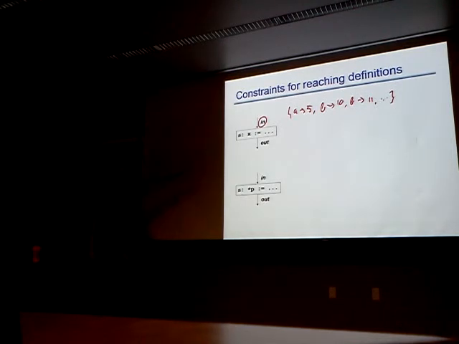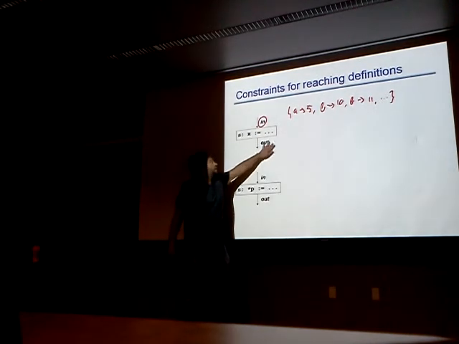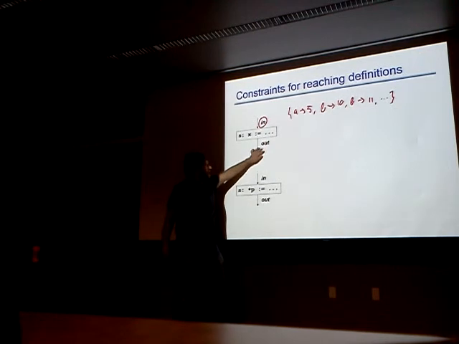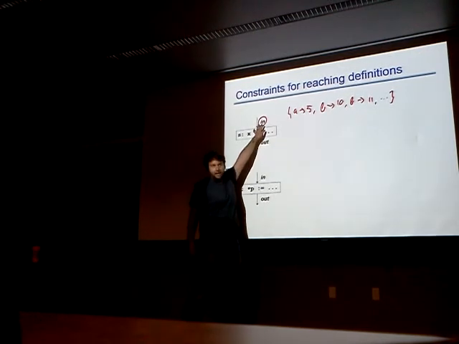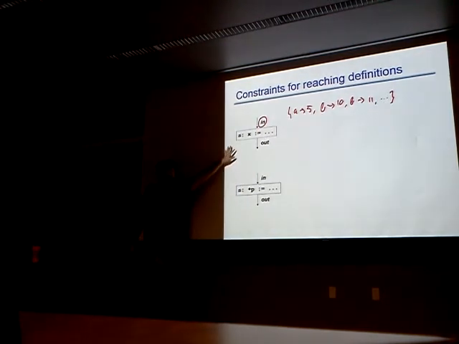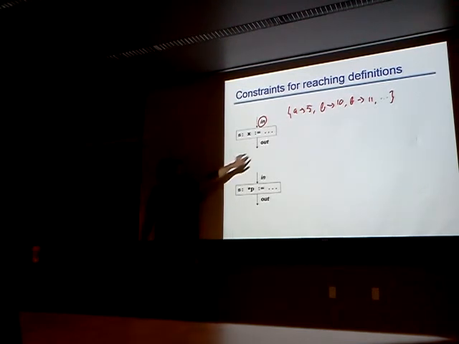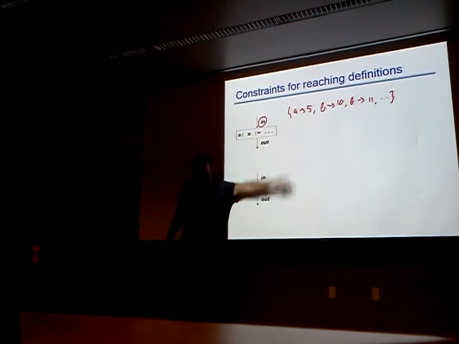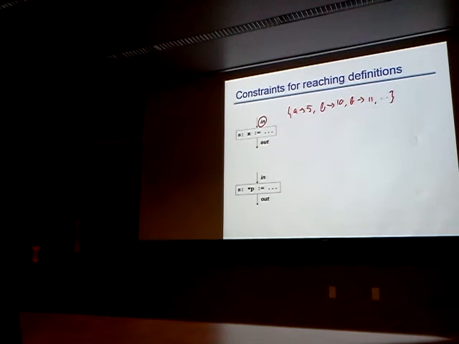That's what in will be. And here, we're going to constrain out to be a function of in. So the way we're going to build things is in the forward direction: we write the out as a function of the in. So what is the out going to be as a function of the in? We're going to take in and do some operations on it, and that will produce out.